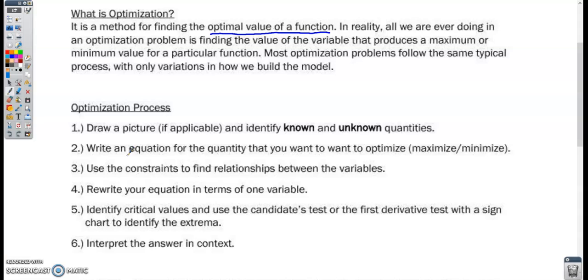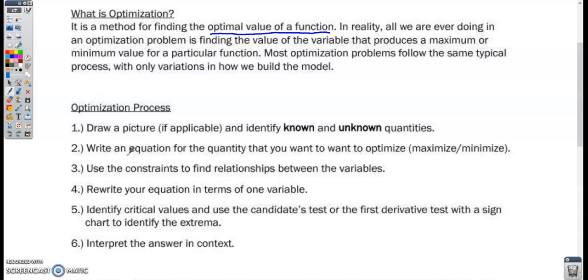For some of these, we won't have to draw a picture because it doesn't make sense to; you'll see that with the first example. But if you're in a situation where a picture is helpful, it's a good idea to set that out as your first step. Step 2, write an equation for the quantity that you're trying to optimize, the quantity that you're trying to find either the maximum or minimum value of.